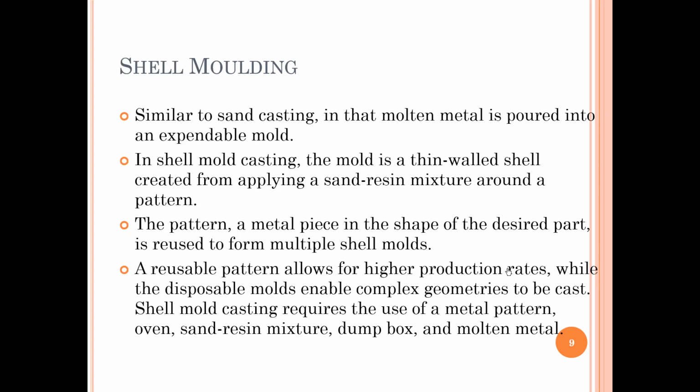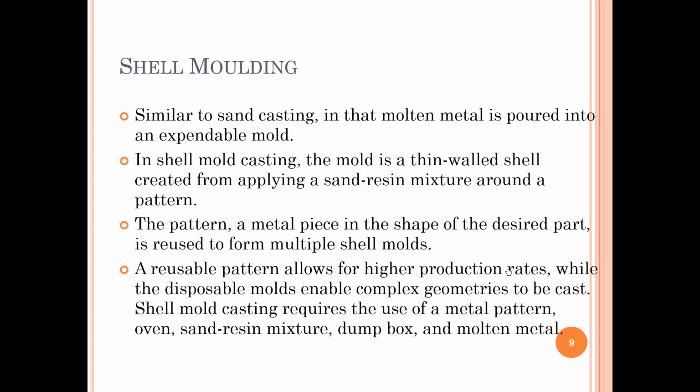Next process is shell molding. Here we have to make a shell. In the shell we are pouring the molten metal, and whatever the shape of the shell, we get the product in that shape. Similar to sand casting, molten metal is poured into an expendable mold.